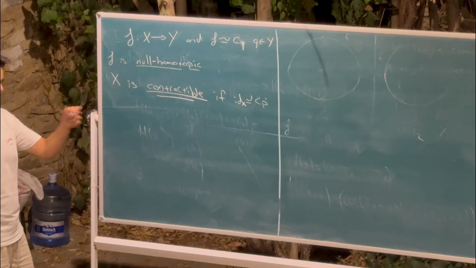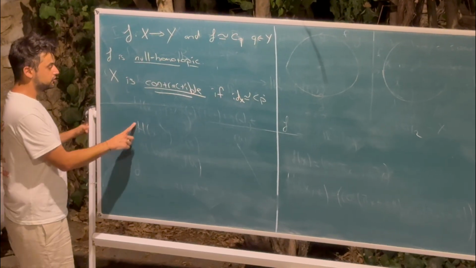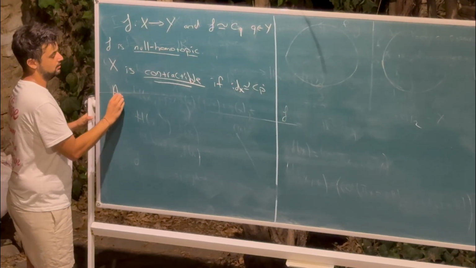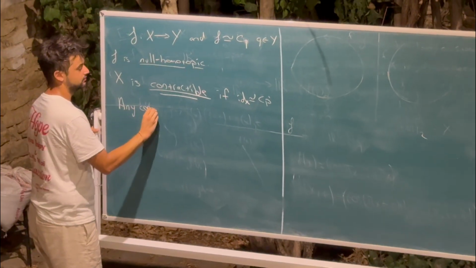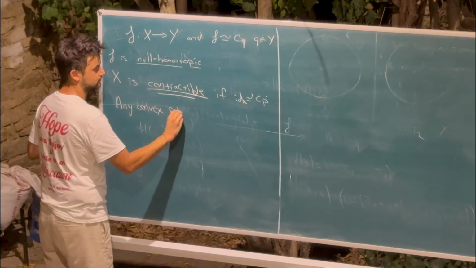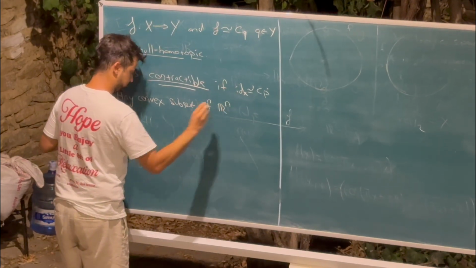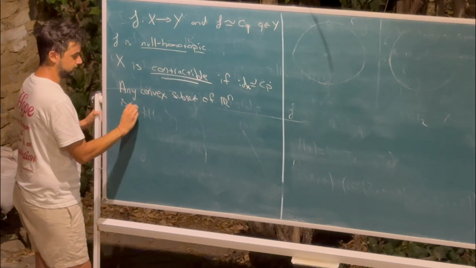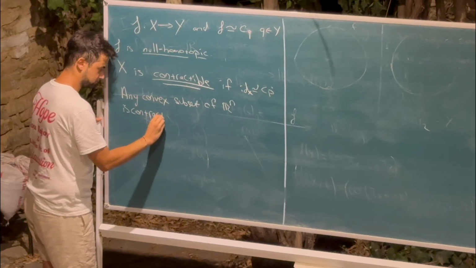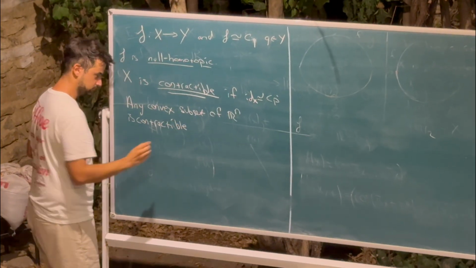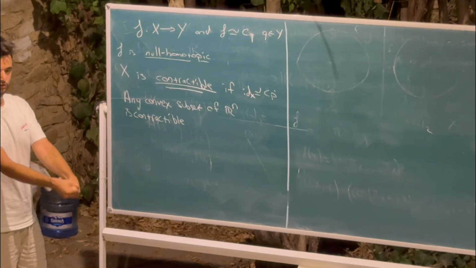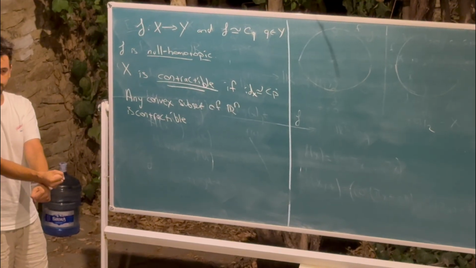So this is what happened in this case. We showed that any convex subset Y of R^n is contractible. So you can contract it to a point in time.